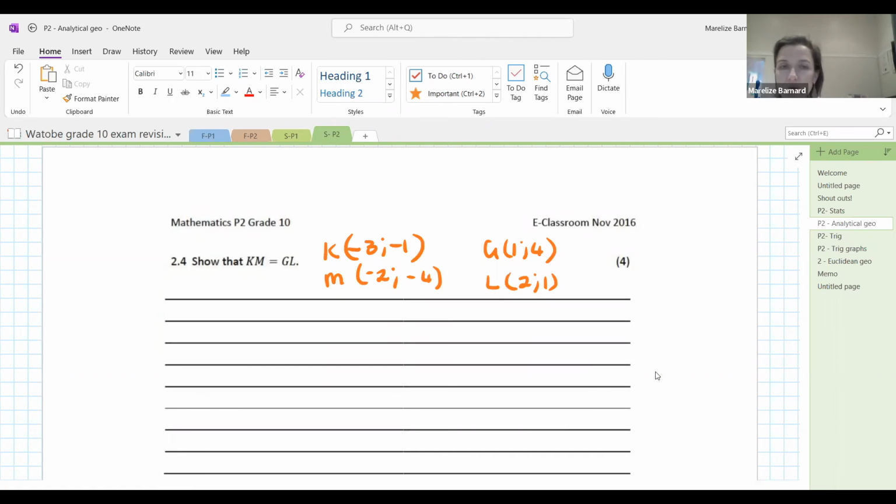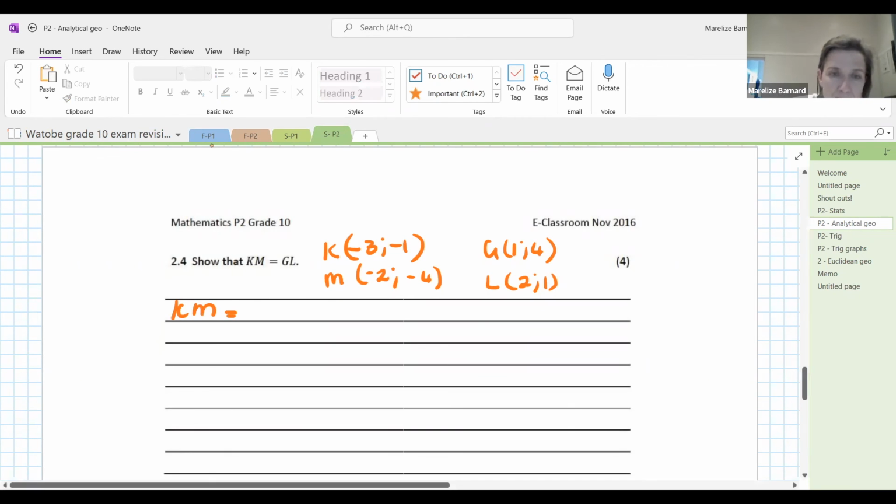So what are we going to look to do here? What are we going to work out? Buchle says same distance. That's it. Good stuff. Okay, so we're going to work out the distance of KM and the distance of GL.